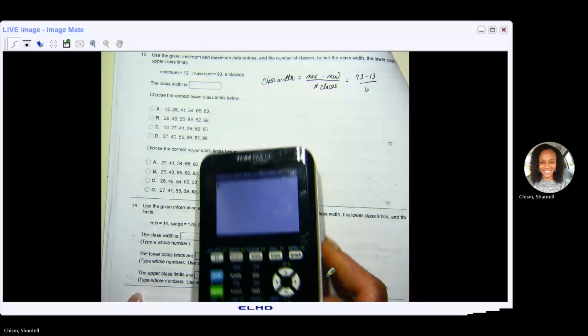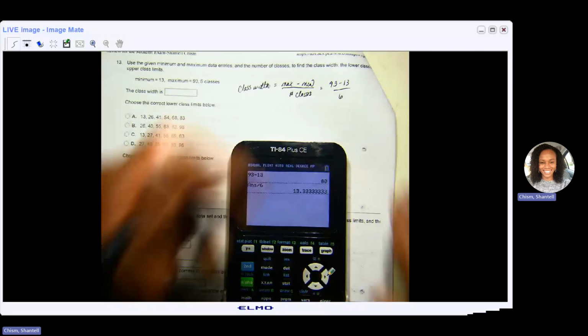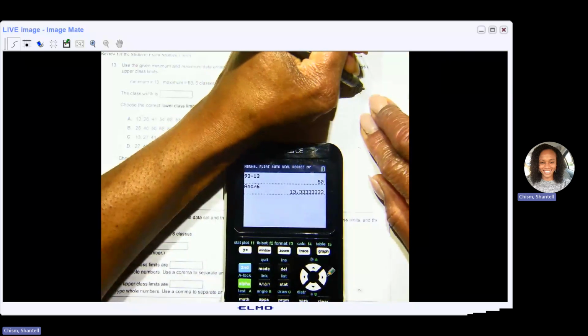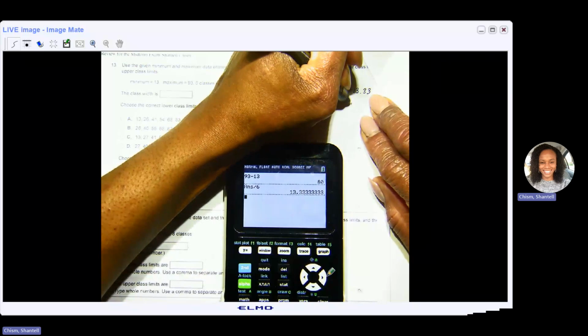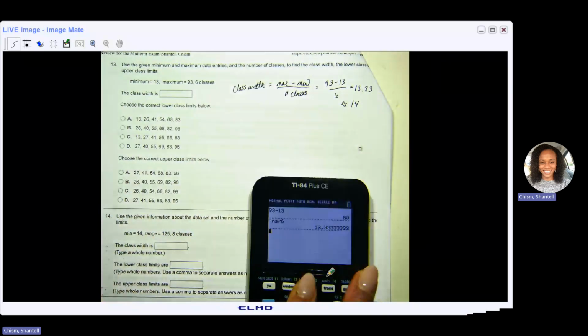So we have 93 minus 13 divided by 6. So you get that difference, and then you divide the difference by 6. So 13.333, we're going to round that up to make that 14. You always round up the class width to the next whole number.